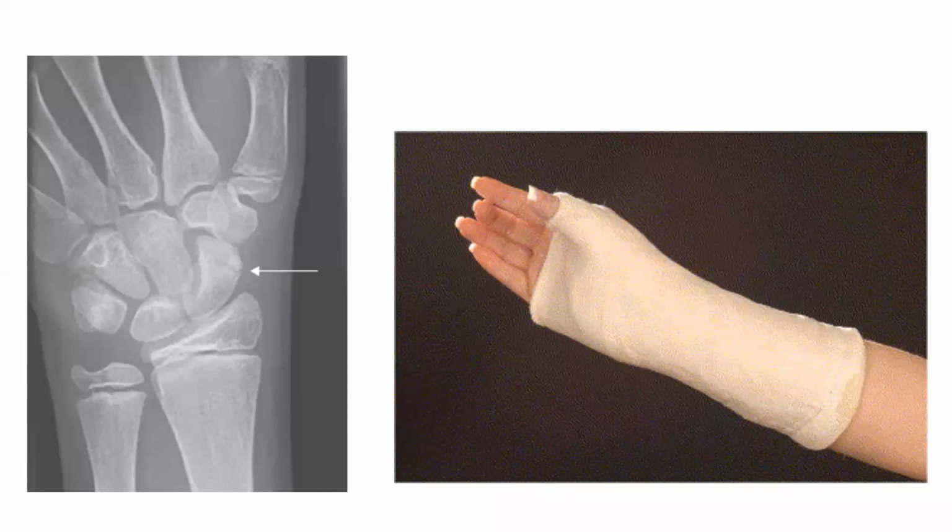How do you put the plaster on? What is the mechanism? The Colles fracture plaster is also something like this, no? So what is the difference here? We put the plaster including the thumb. So how do you do that?